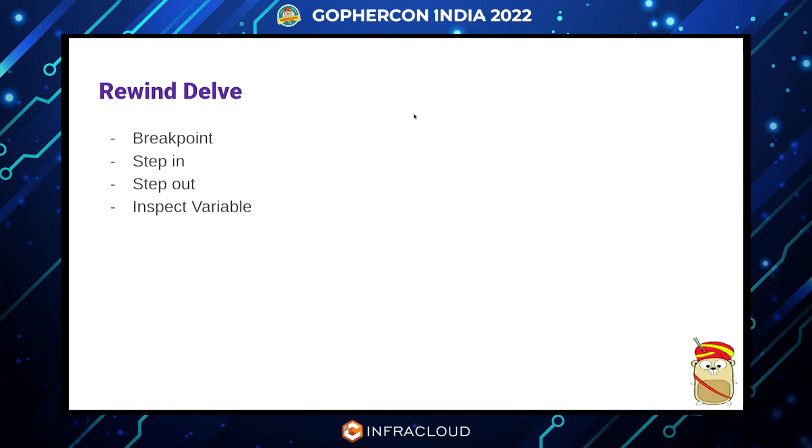Let's do a small rewind. The red point we put on the left side is called a breakpoint. That is the place where you want to pause. Step in is like going inside the function, and step out is like getting out of the function. And whenever it's paused, you can see the local state. You can introspect the current state of the program.